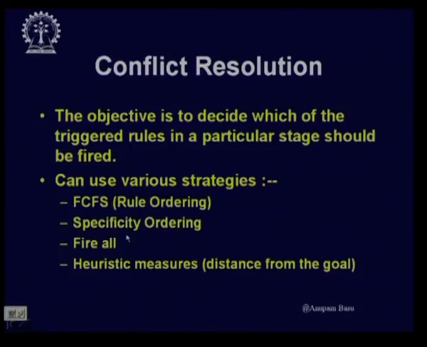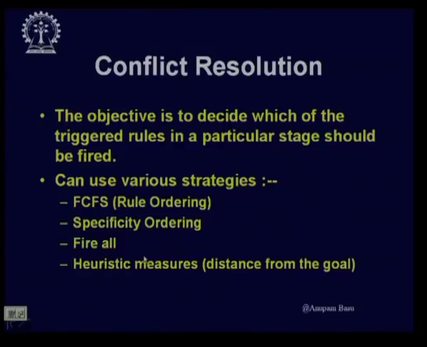So, in the specificity ordering the rule that is selected is the rule which is more specific, that means whose more number of antecedents are matching. Then the other strategy is fire all. Fire all means whichever rules are enabled will be selected and fired. If there are 5 rules enabled, those will be fired.